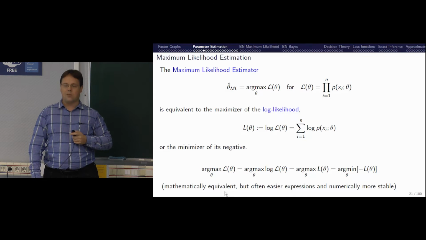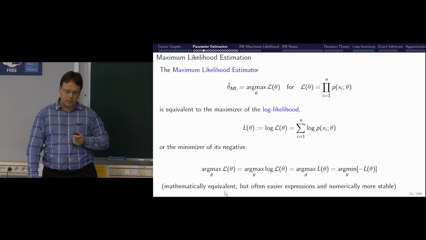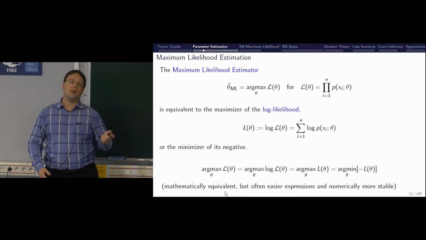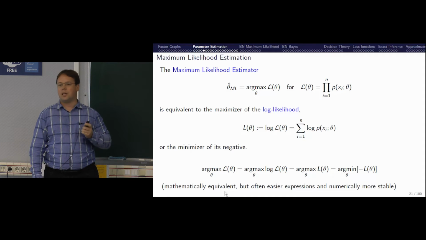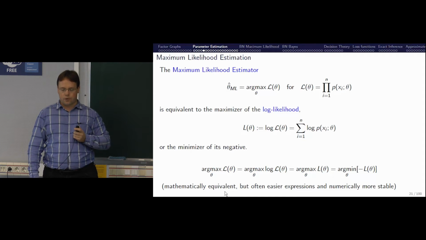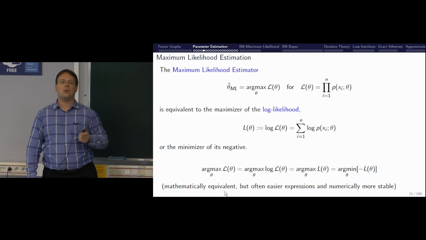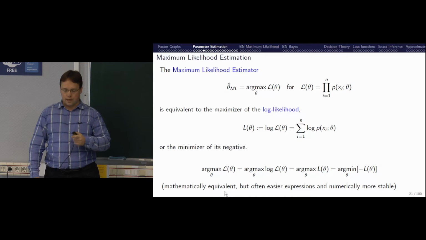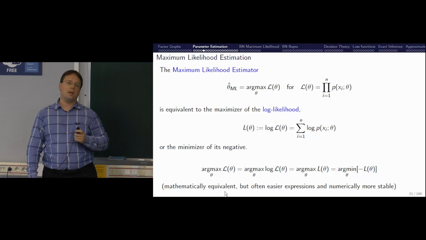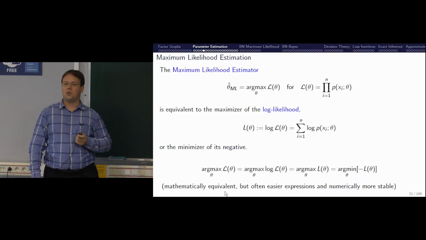And then, of course, we don't have to maximize it anymore, we have to minimize it. These are all mathematically completely identical. It's just that sometimes one gives you easier expressions than the other. Or it's numerically more stable, that can also happen. For the product over many terms, if you have small terms, the product quickly goes to 0, whereas the other one is a sum that doesn't behave that badly in terms of floating point and so on.